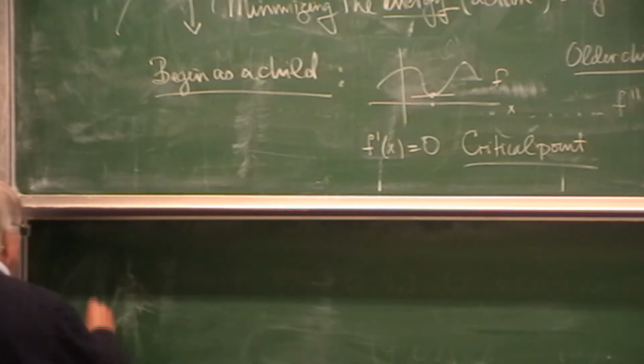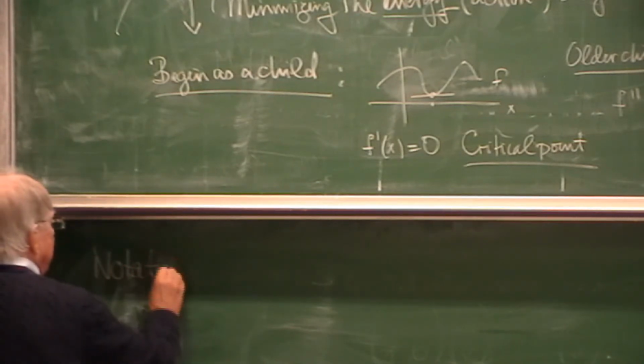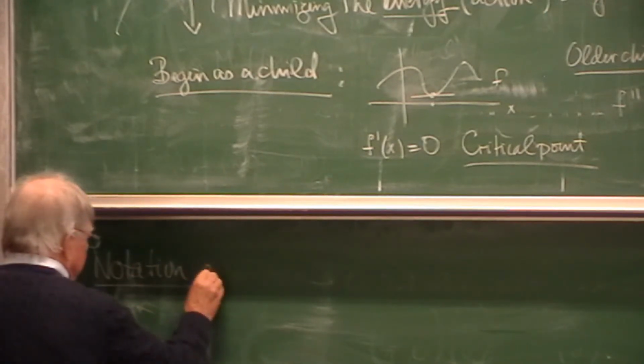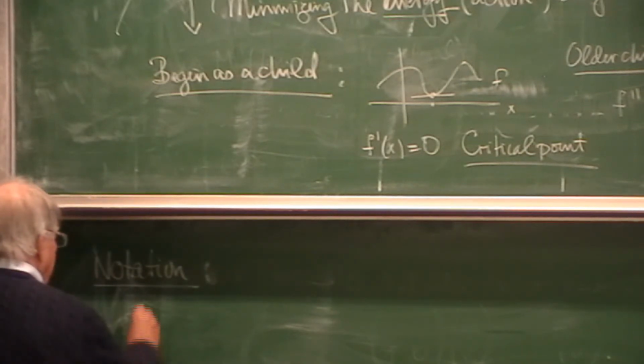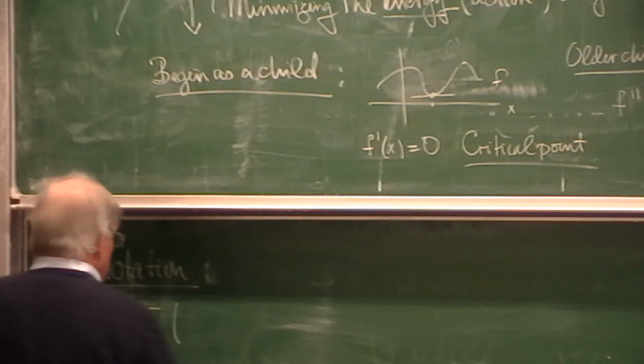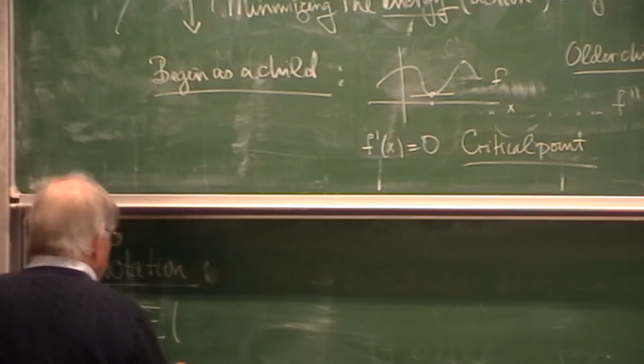So the general notation will be this. We will have an energy functional defined on some curve, gamma.